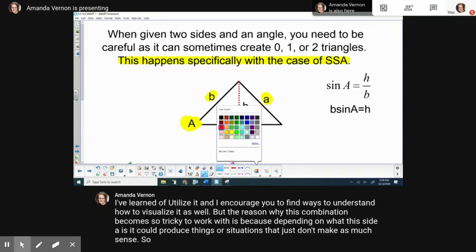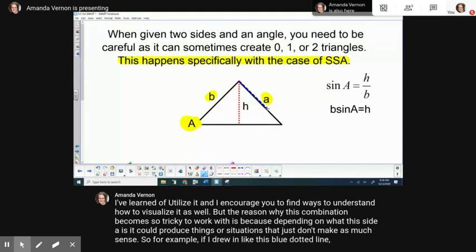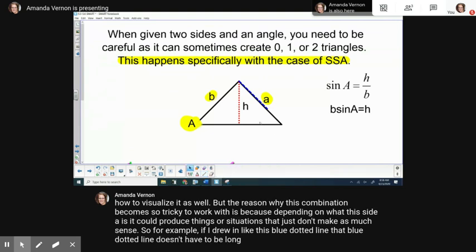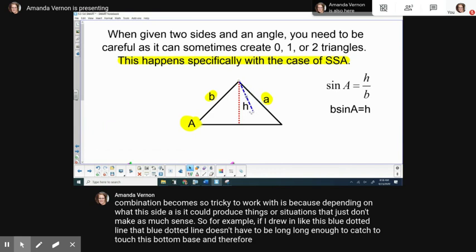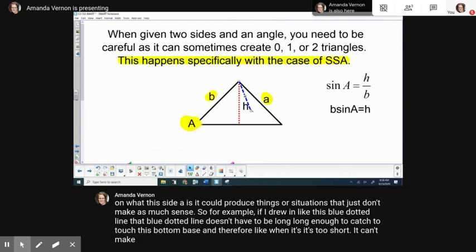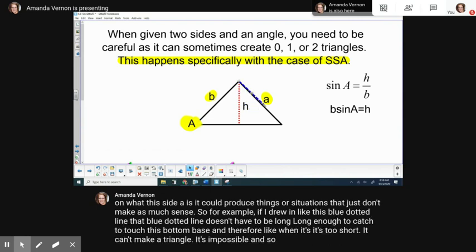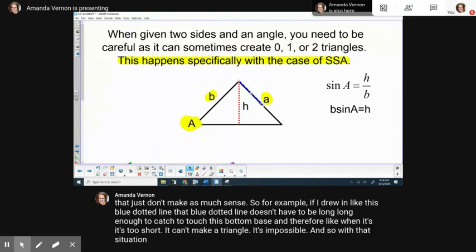For example, if I drew in this blue dotted line, it doesn't have to be long enough to touch this bottom base. When it's too short, it can't make a triangle. It's impossible. So in that situation, we would need to find the height of the triangle.